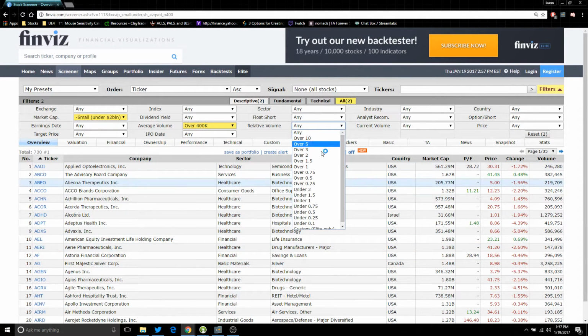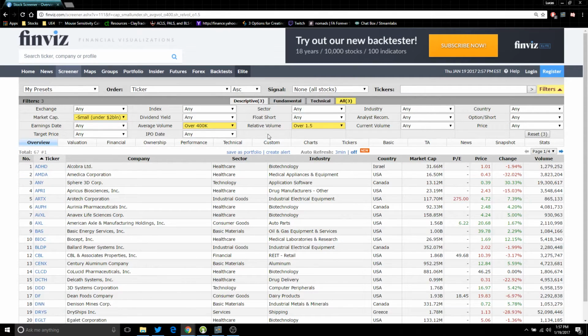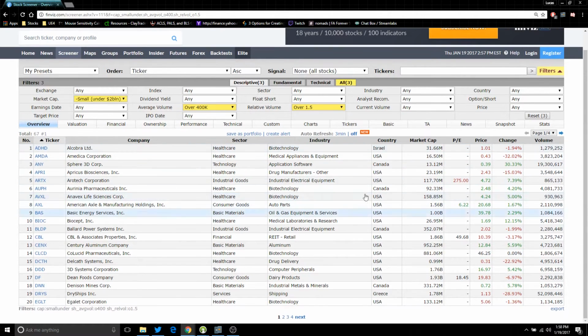So you can reduce that by looking at the relative volume based on this average. So maybe it's experiencing 1.5 times the amount right now, so this can show that there's some good news happening. Something is making that stock appealing to traders. But you can leave that at 1.5 or any, whatever.